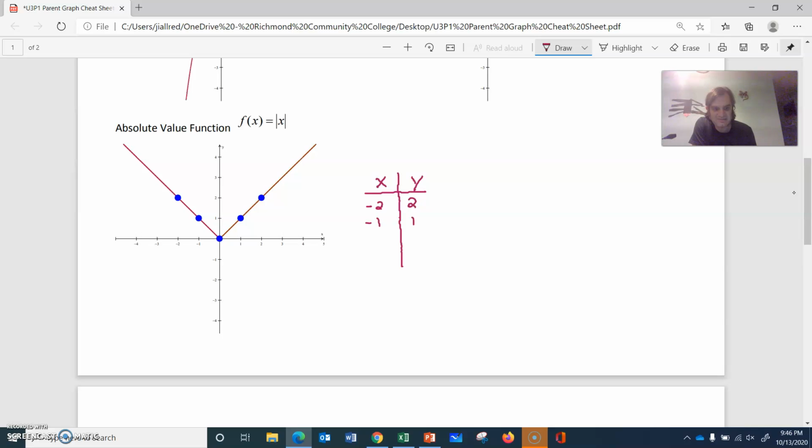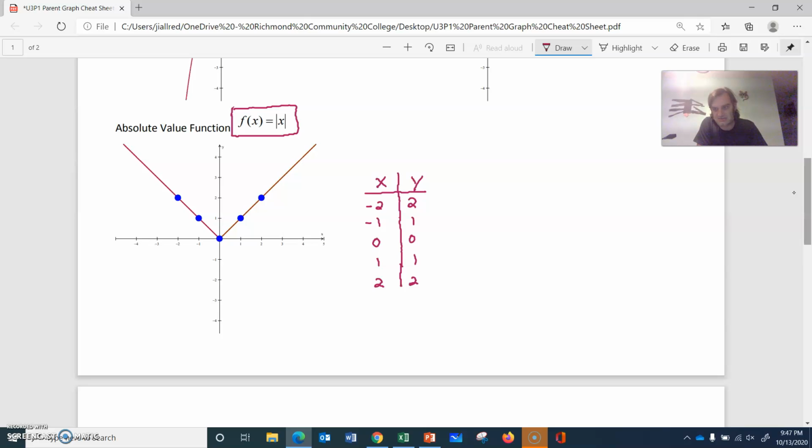Plug in -1, the absolute value is 1. Plug in 0, the absolute value is 0. Plug in 1 is 1. Plug in 2 is 2. If I graph those points and connect them, we usually refer to the absolute value as being a V-shape. So it's a V-shape graph here.